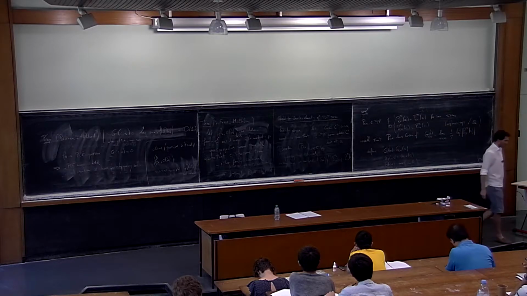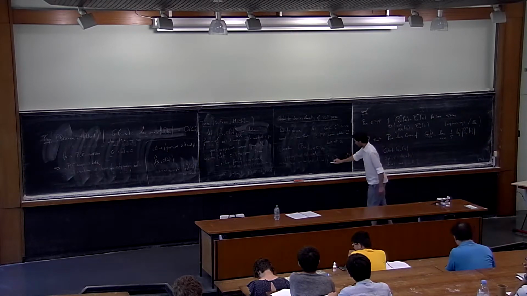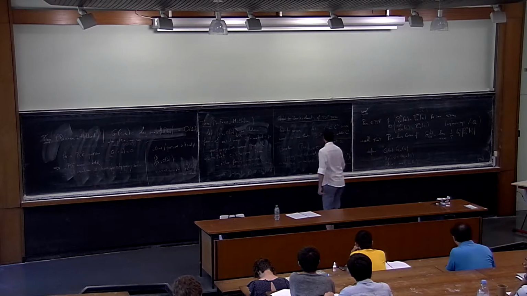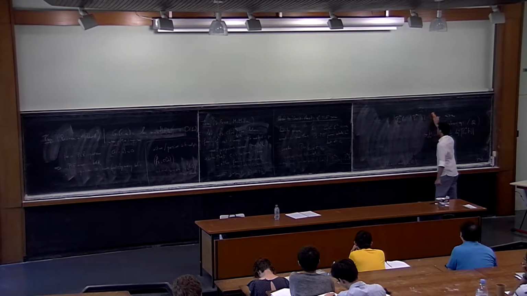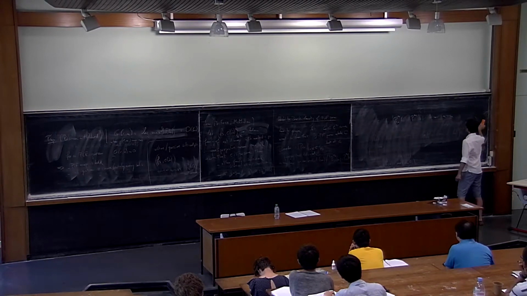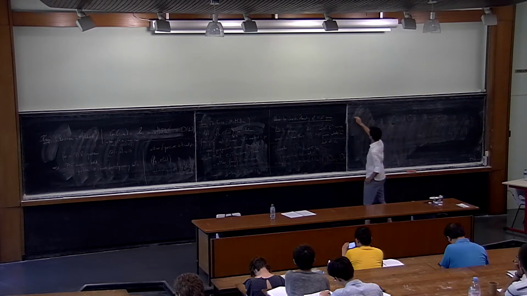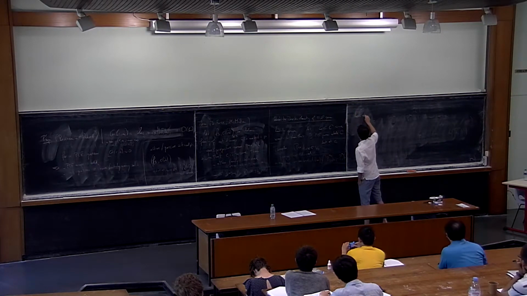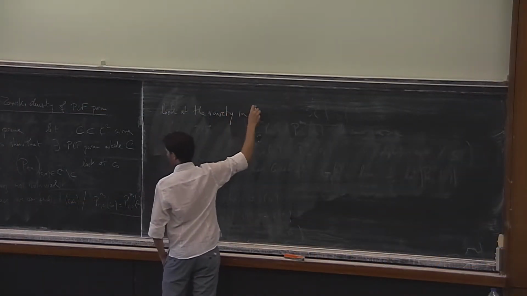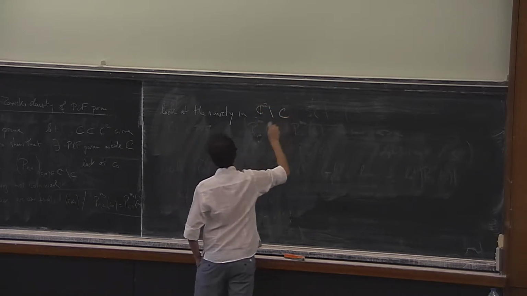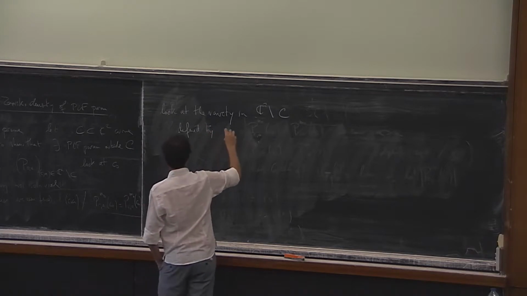So here it's easy because we have only two dimensions. Now you look at the variety which is defined by this equation. So now look at the variety in C2, a curve defined by this equation.